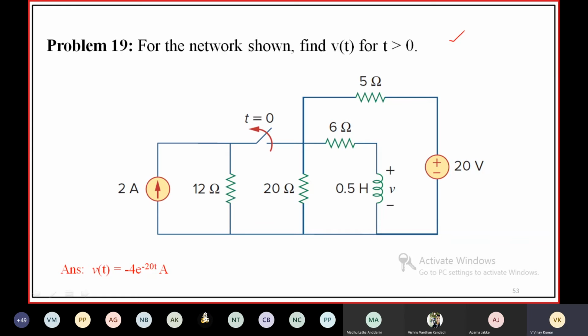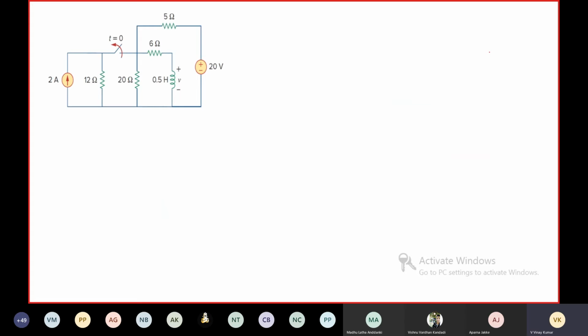Coming to this problem, the network shown in the figure, find V of t for t greater than 0. I'll draw.